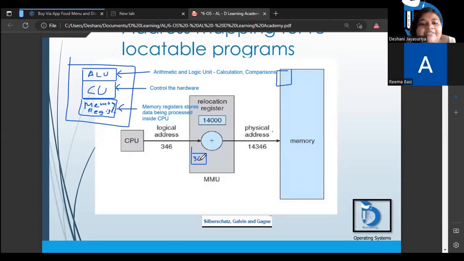So easily you can find the correct memory location of your file. And when you convert it and save it in your RAM, it will have a separate address because it's physical memory you are going to store.